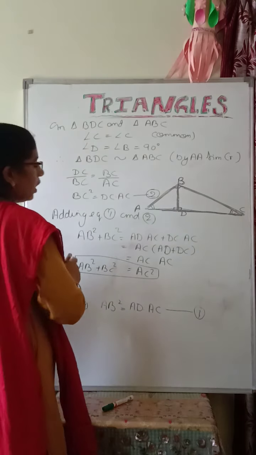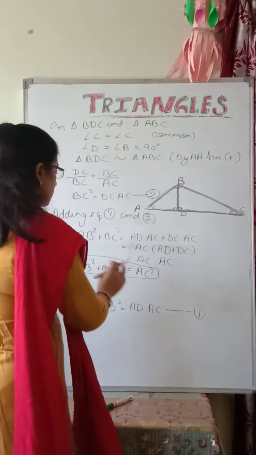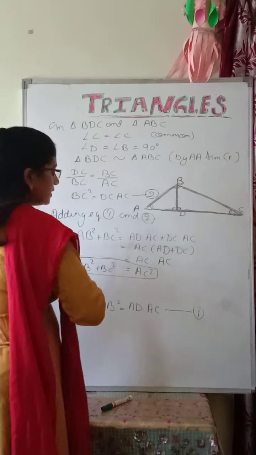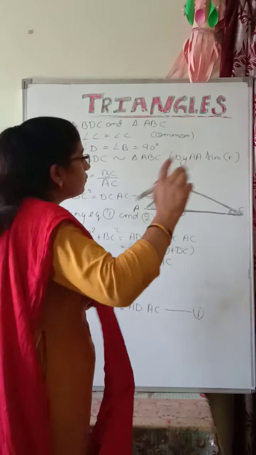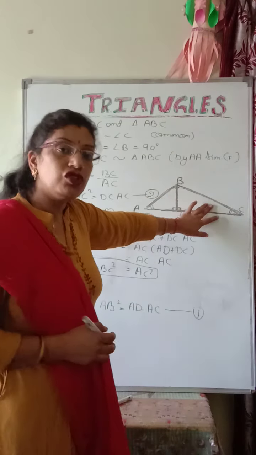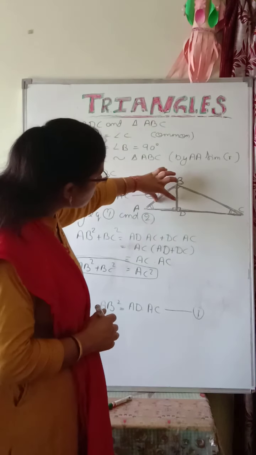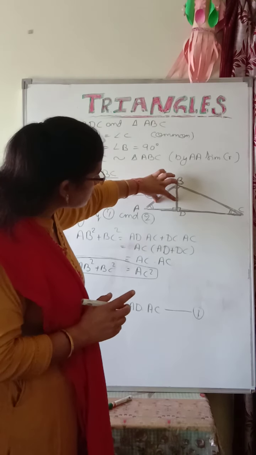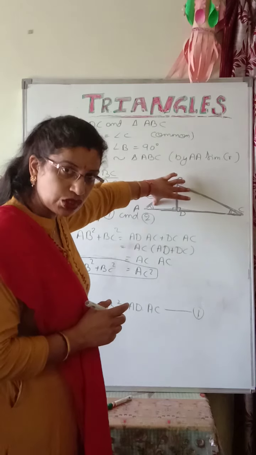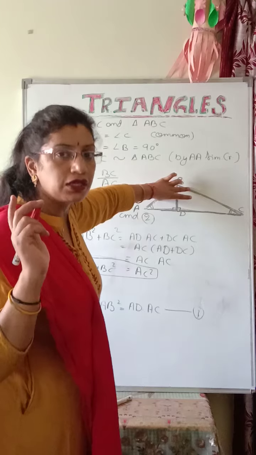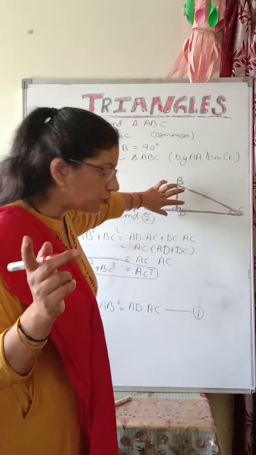So how did you get the Pythagoras theorem? Let us revise it. Very first, you drew the right angle triangle. Then you drew a perpendicular on it. Then you proved this small triangle is similar to this big triangle, so their corresponding sides are in the same proportion.